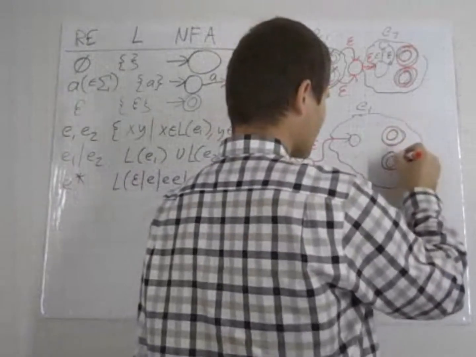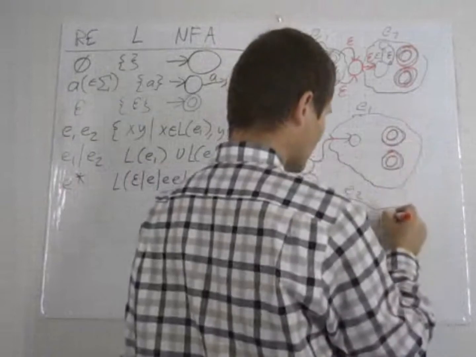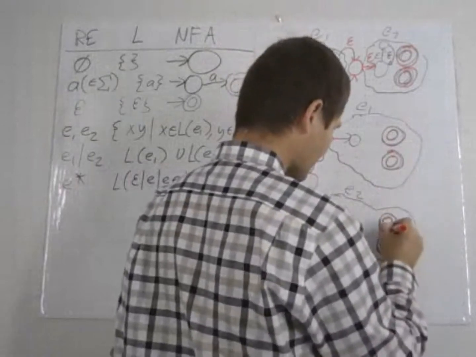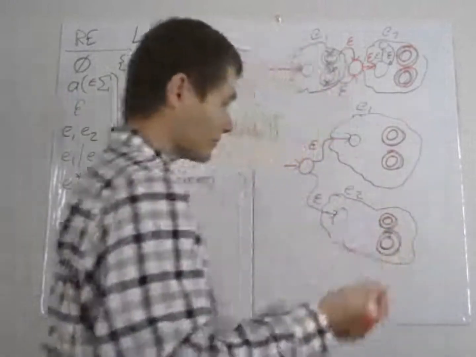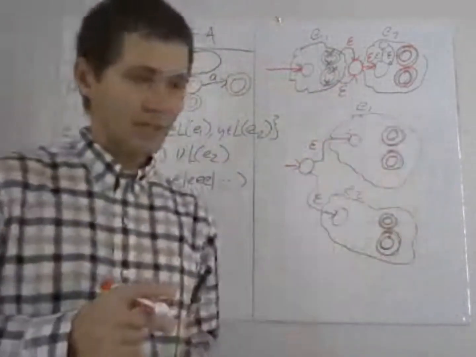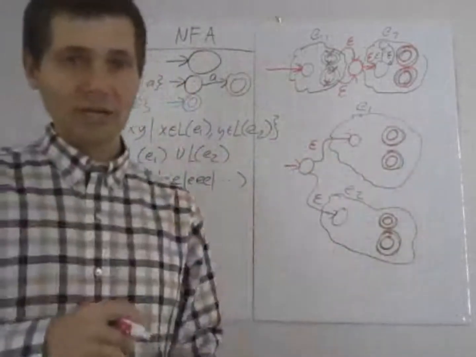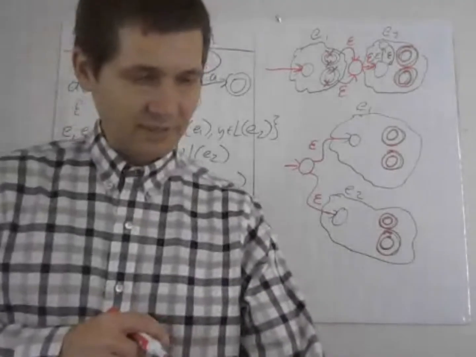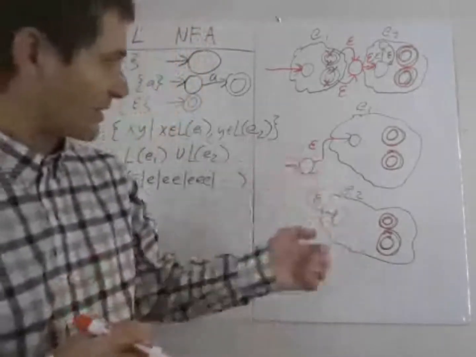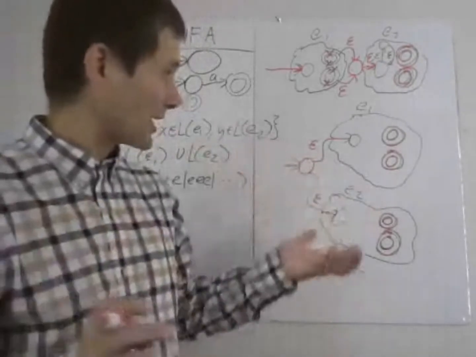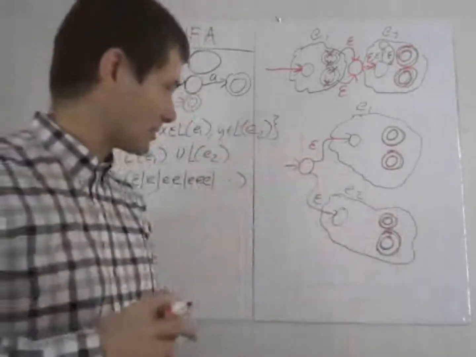Alternatively, you could create a single new accepting state and just add epsilon transitions to that single new accepting state. That would be an equivalent way of doing it. Then you end up with fewer accepting states, but more epsilon transitions.